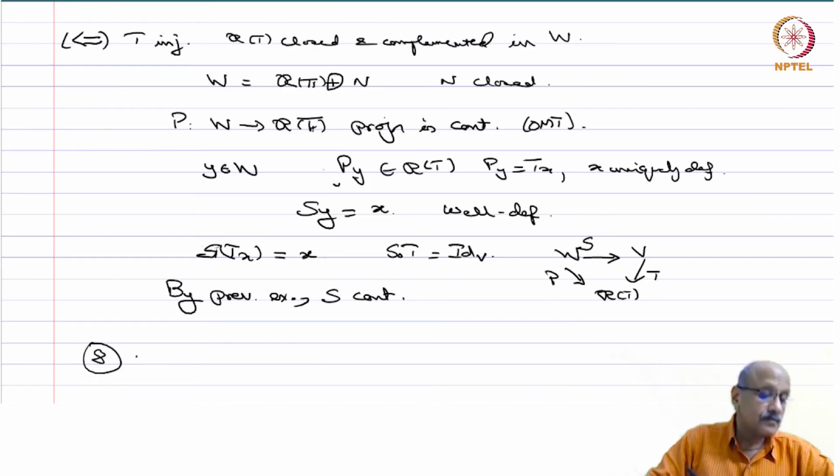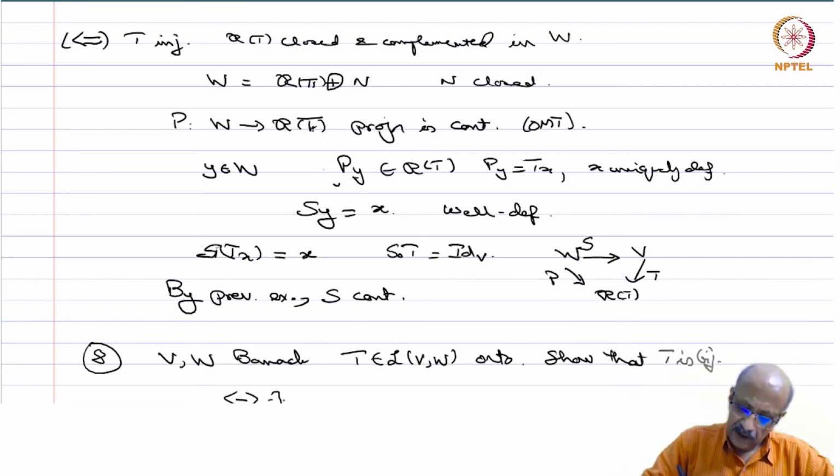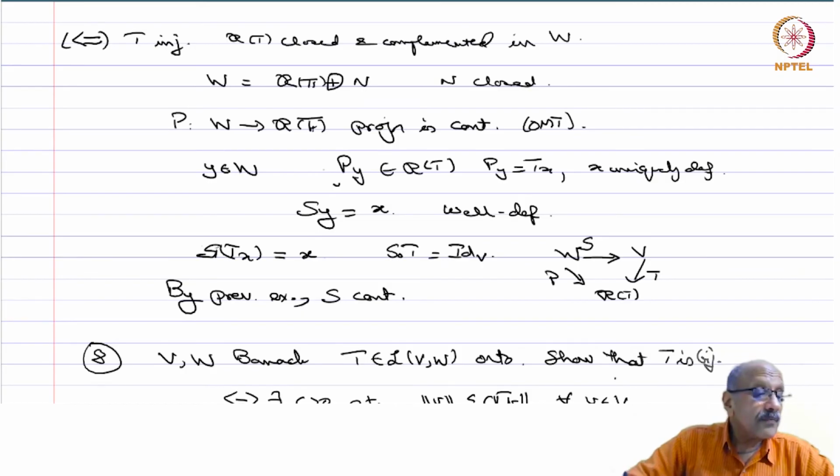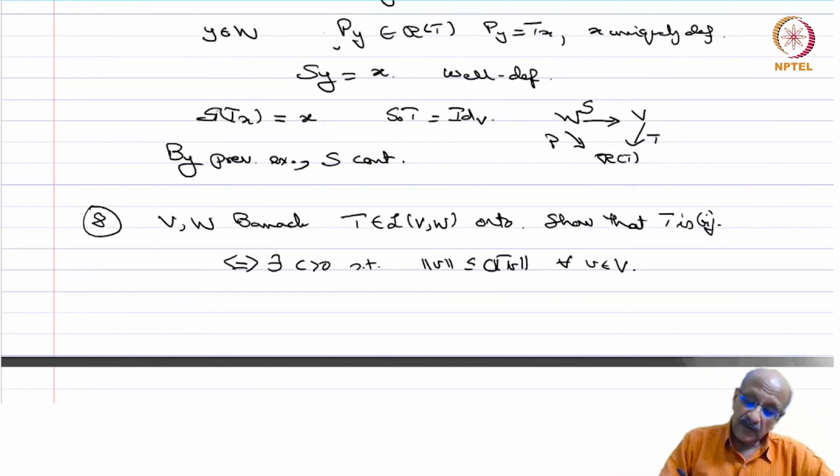Exercise 8. Let V, W be Banach and T in L(V,W). Show that T is bijective if and only if there exists a positive C such that norm of v is less than or equal to C times norm of Tv, for every v in V. So again, the bijection if and only if it is bounded below.